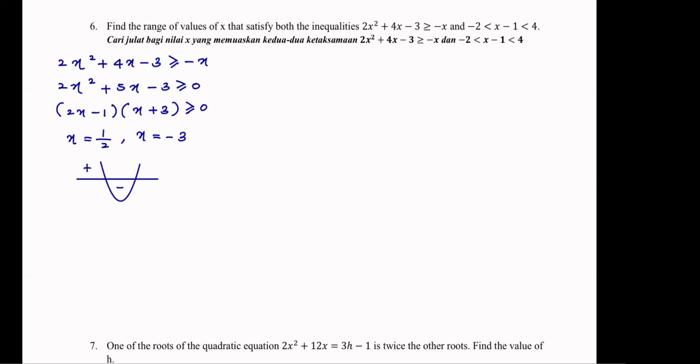Negative, positive, and positive. So this one shows us positive. Ini menunjukkan positif. So jadi kita make up some positive. Yeah, positive. So your first answer is x must be lesser than or equals to -3. Another one is x greater and equals to 102.